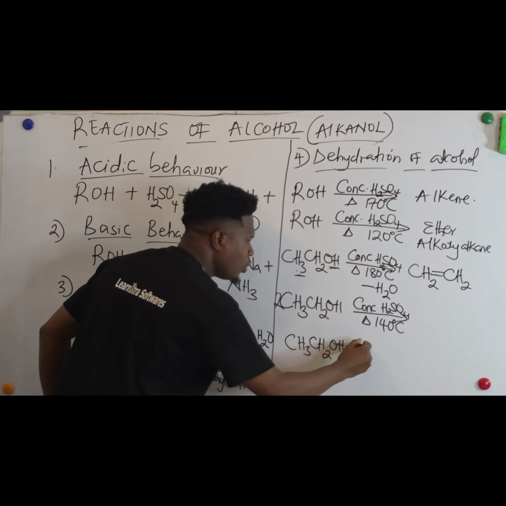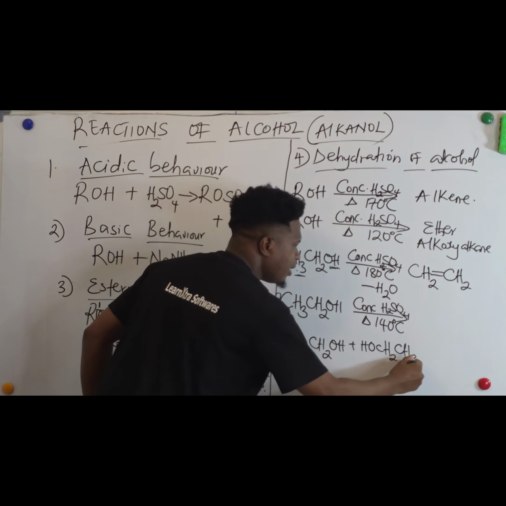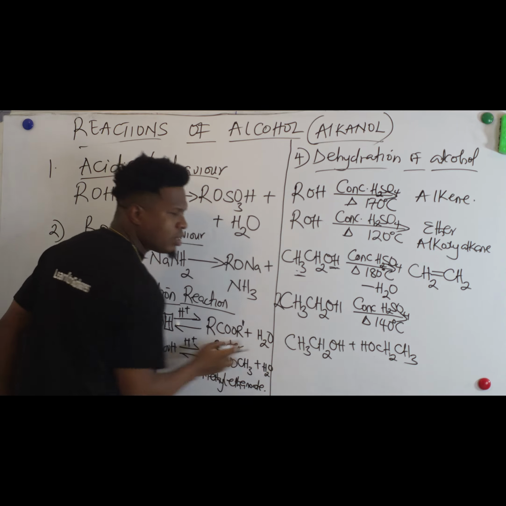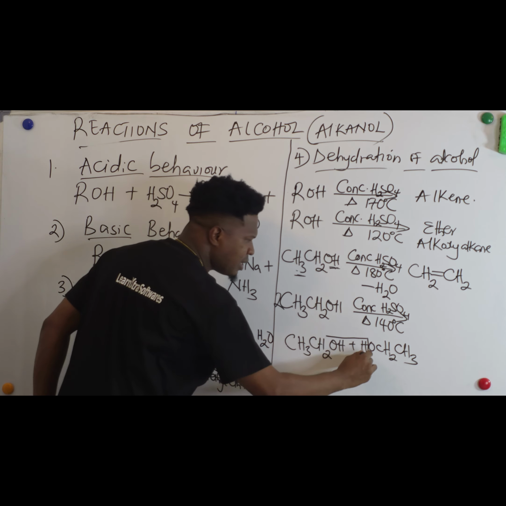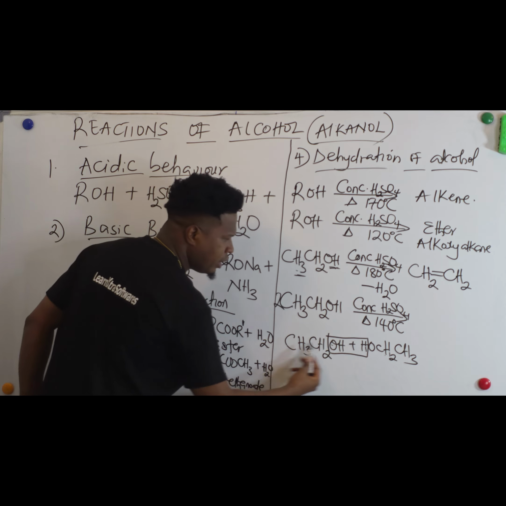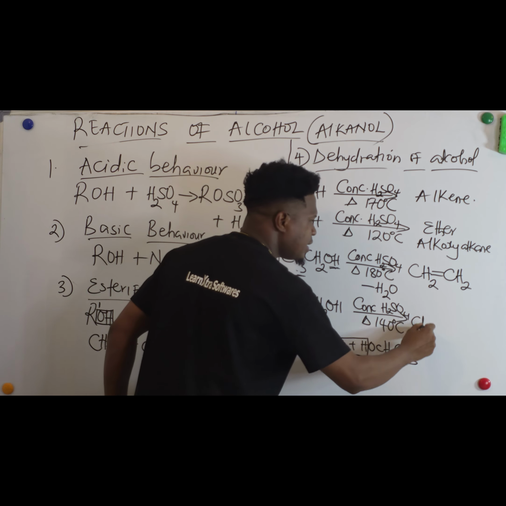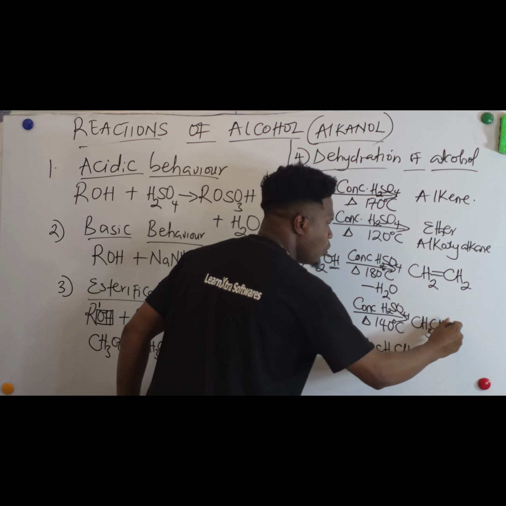CH3CH2OH will also react with HOCH2CH3. Notice that I repeated the same thing. So what happens? Water will be eliminated. When you remove water, you join the remaining molecules. You have CH3CH2OCH2CH3.